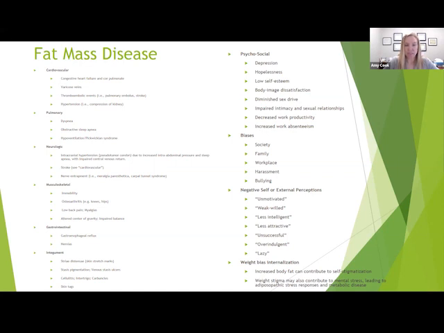And the patients really can start to internalize these negative biases themselves too. And so with all of these comorbidities, you can see where it is very important for primary care to be able to readily address obesity as a disease.